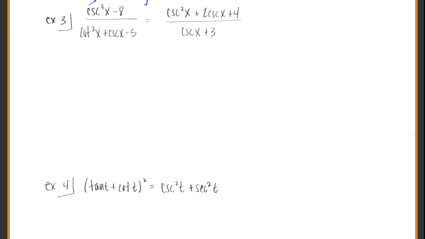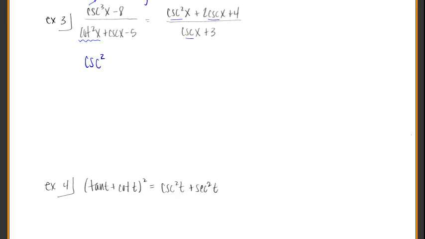Okay, so this next example, I have cosecant cubed x minus 8 over cotangent squared x plus cosecant minus 5. Everything over here on the right looks like a bunch of cosecants. So I'm probably going to replace that with an identity, and everything else I'm going to leave. So let's start with just that first step.